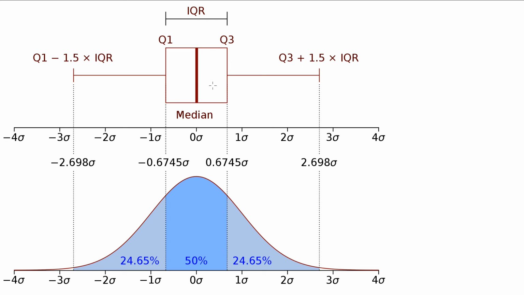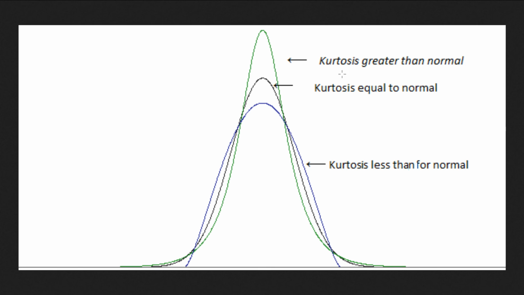Now, kurtosis is about the tailedness, if you remember from last lecture. In this example, the variance of the distribution is kept constant while the kurtosis is changed. As you can see, the tails on the blue line are much, much shorter than on the green or the black lines.